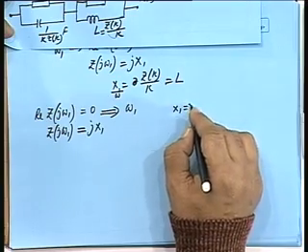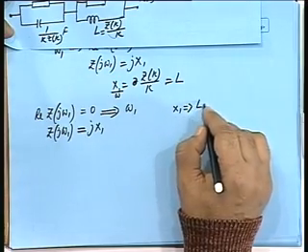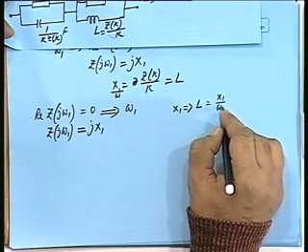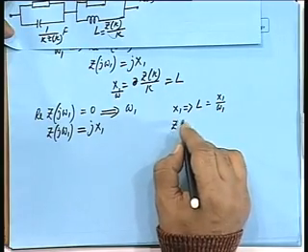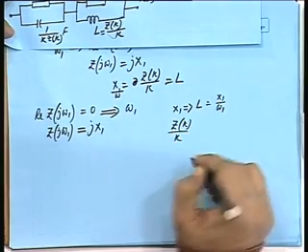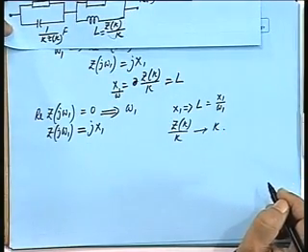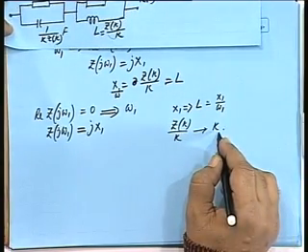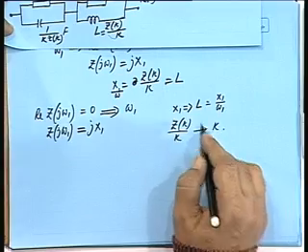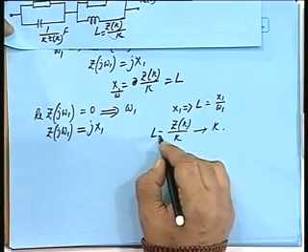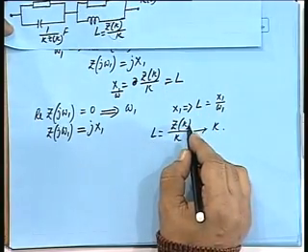So from X1 you calculate L, which is X1 by omega 1, and that is equated to Z(k) by k. So calculate k. Okay, once you know the value of k, L is known, k is known, so Z(k) is also known.